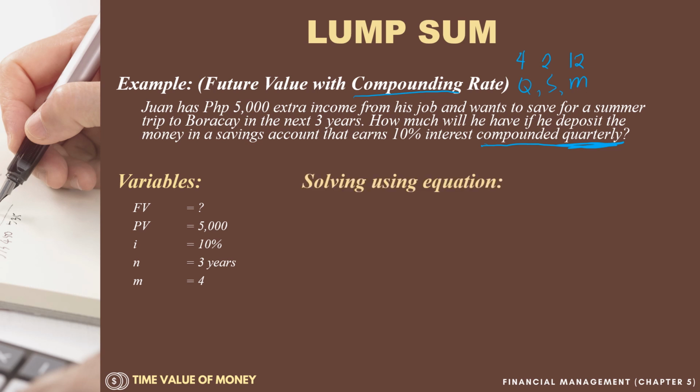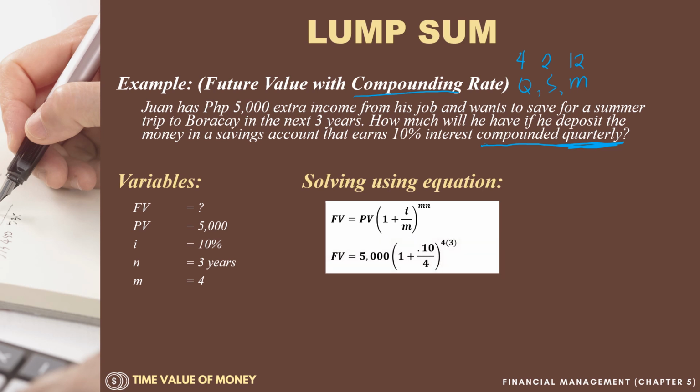So here again, our formula for the future value lump sum is PV multiplied by 1 plus I over m to the power of m times n. So let's replace it with numbers. So here, PV is equal to 5,000 multiplied by 1 plus 0.10 over 4 to the power of 4 times 3.